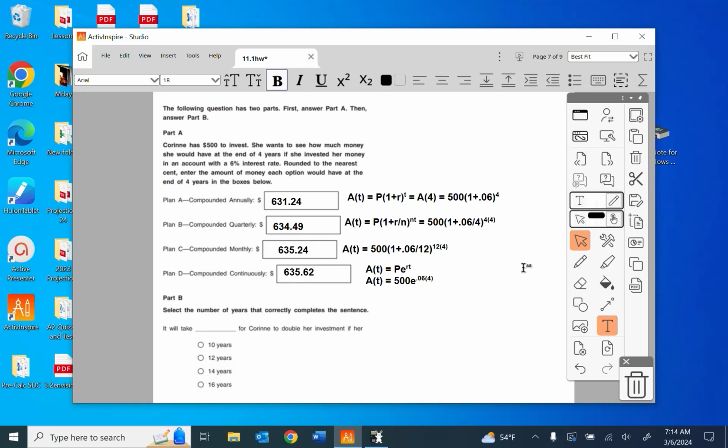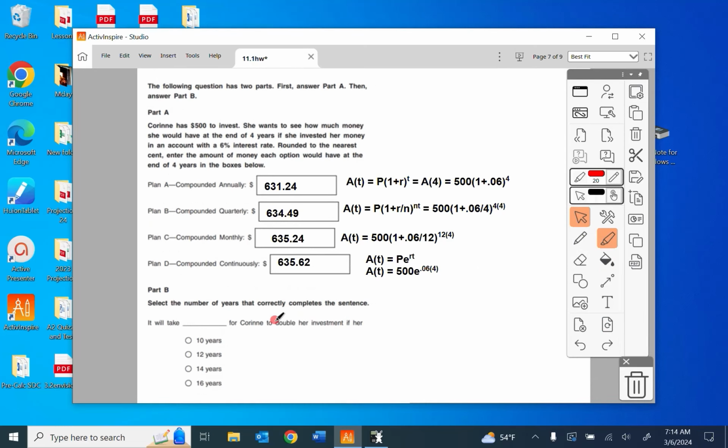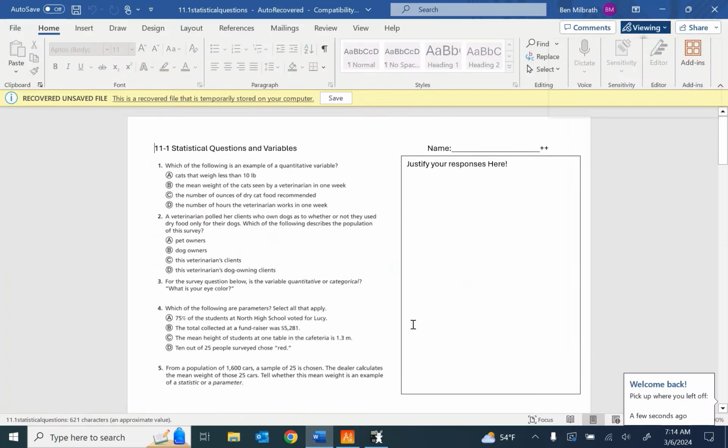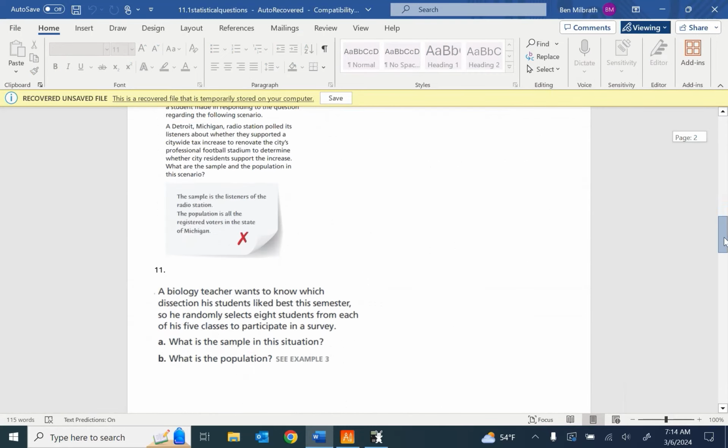Select the number of years that correctly completes the sentence. It will take how many years for Corrine to double her investment? I don't know what happened to the rest of the words, but there's the key word, double. Did I miss part of this question? Looks like I didn't copy and paste it correctly.